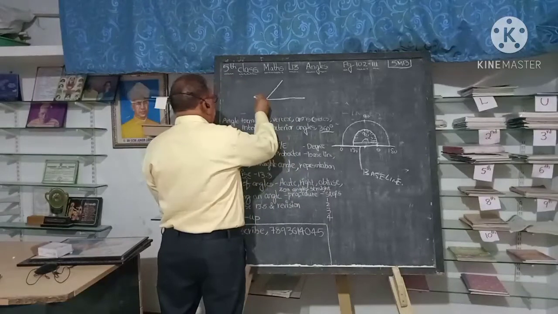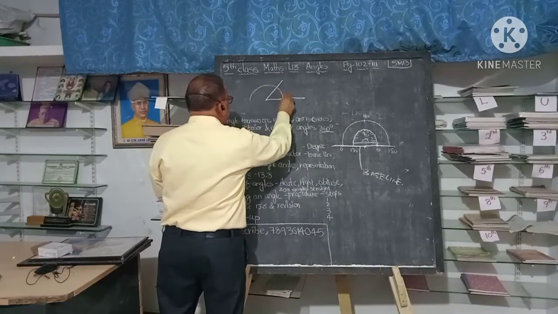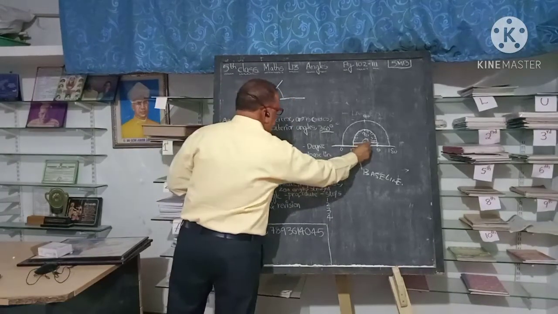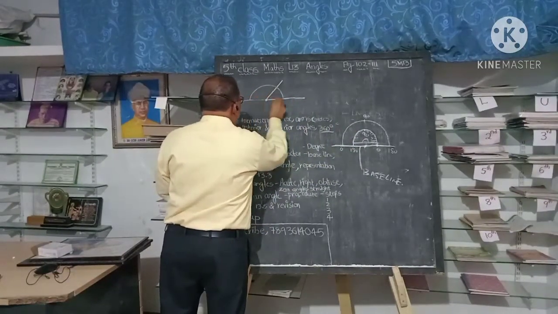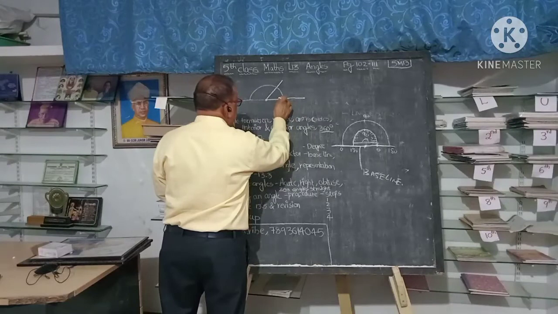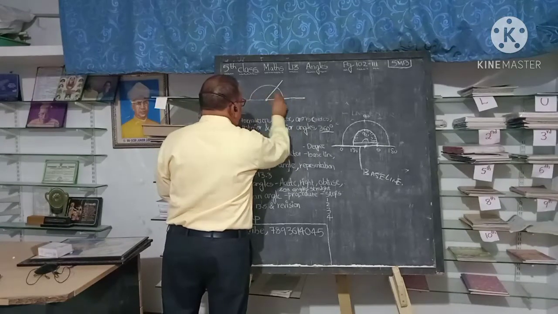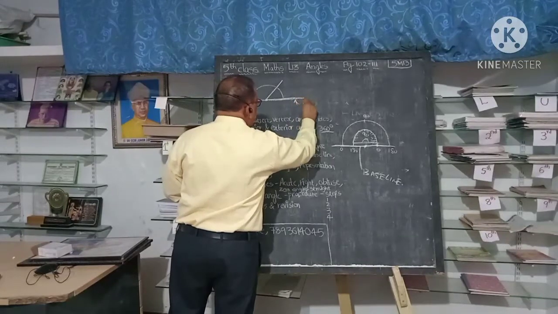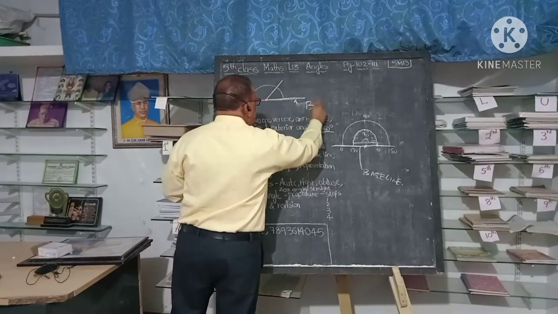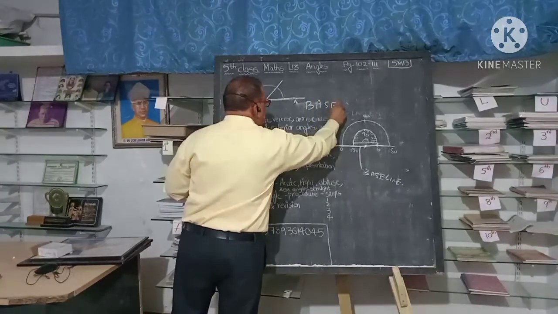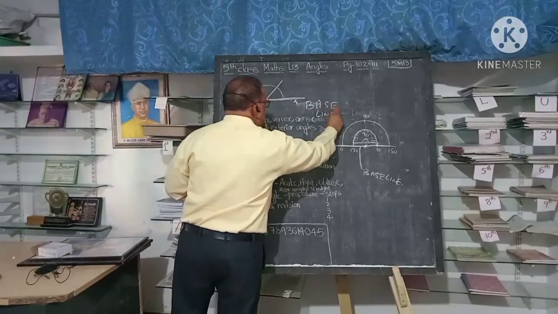What you do is you put the protractor midpoint here, that point to coincide with this, and there is a line here on the protractor. That line should coincide with the baseline here. This is called the baseline.